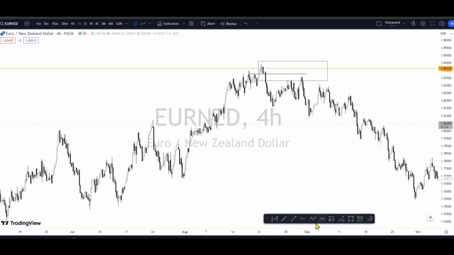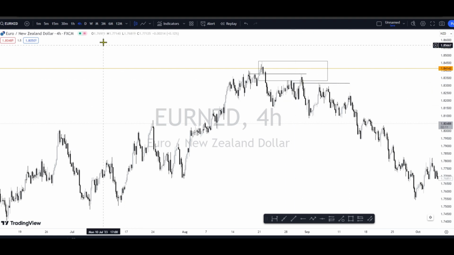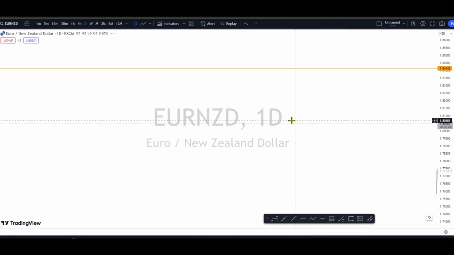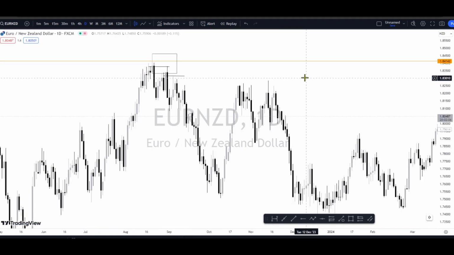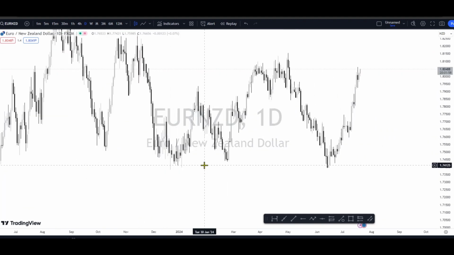There's another QM here, another QM here, which held. Why? Because this QM was created by the daily. Another one created, and that is cause and effect. So any trade that you want to take, you need to understand the cause.